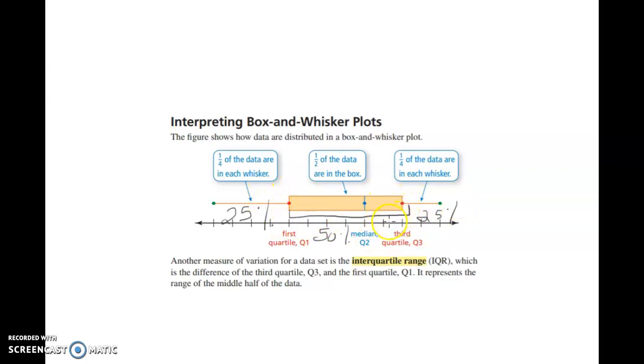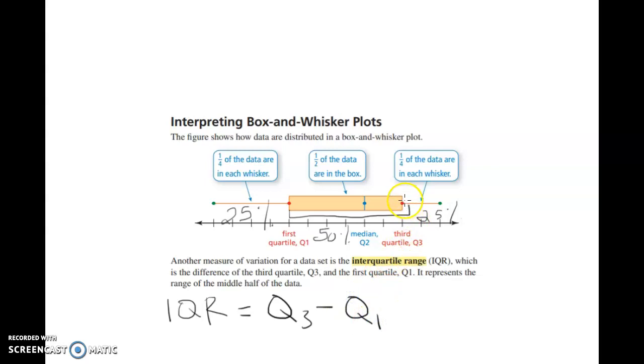Okay, and another measure of the variation of data is the interquartile range, which we'll just denote as IQR, which is the difference of the third quartile and the first quartile. So the IQR is equal to Q3 minus Q1.